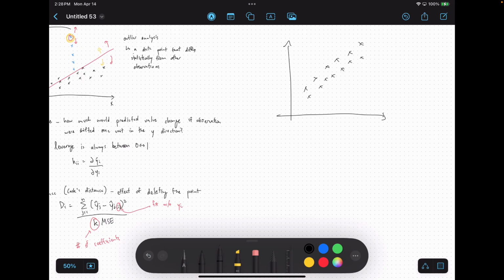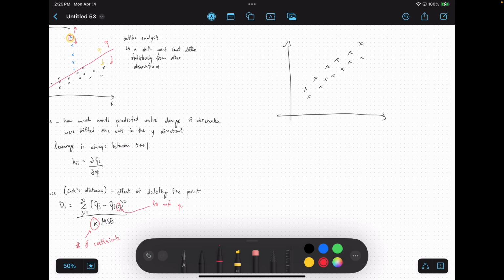So on a seesaw, if you were to stand on one end of the seesaw, there's more torque. The closer you are to the middle, the less torque there is. There's an analogous thing that happens.